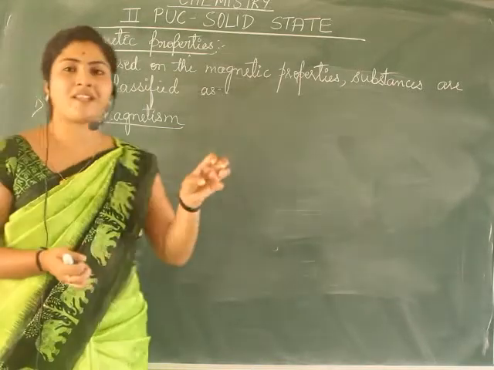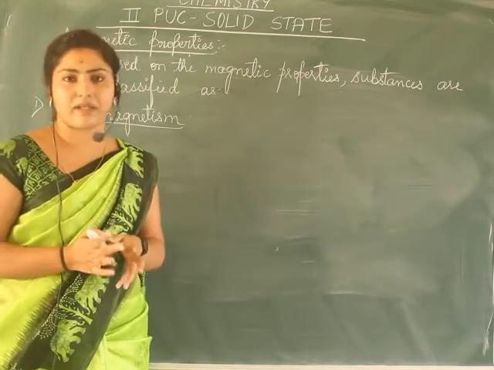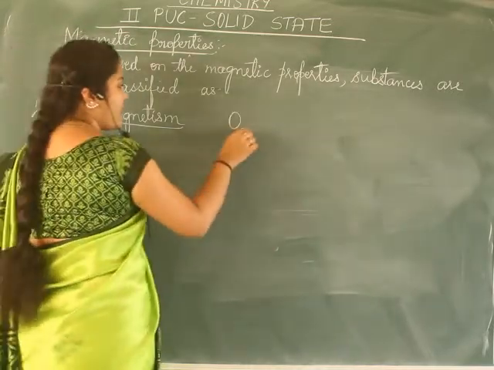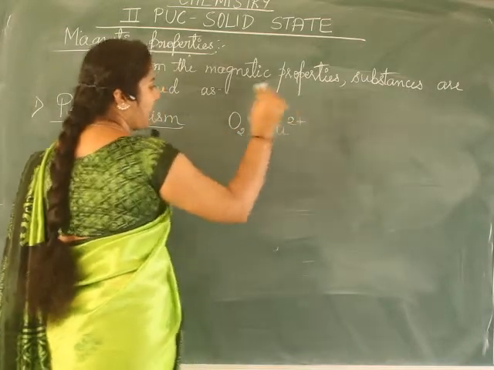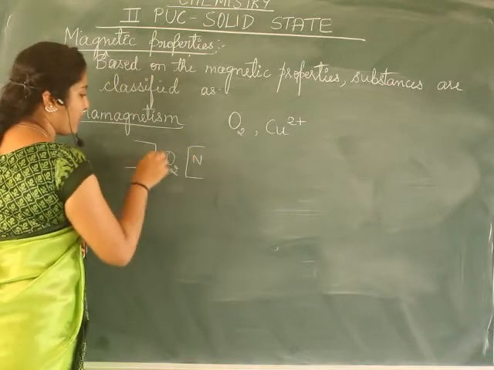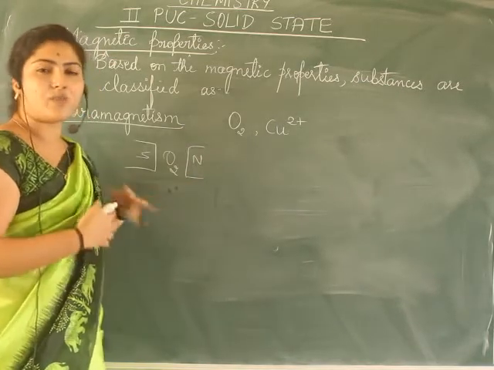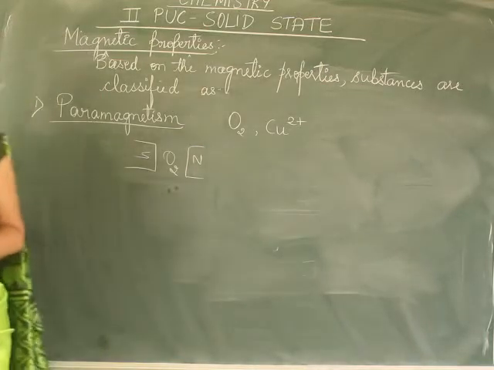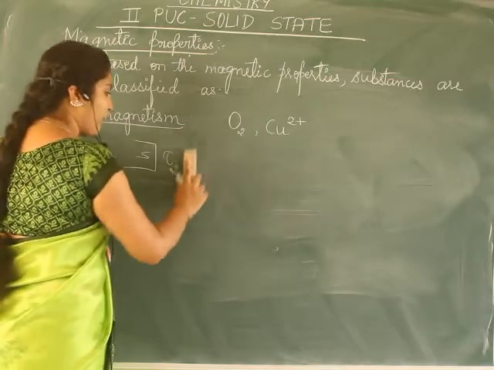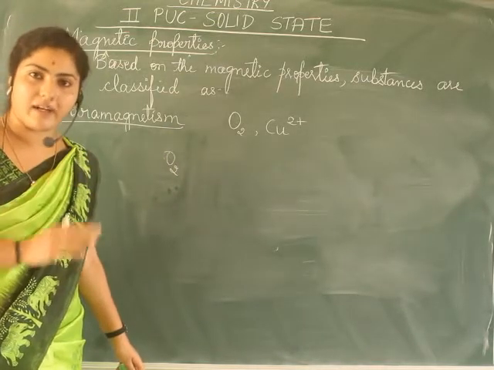If you place one in a magnetic field, it is very slightly attracted, and when you remove the magnetic field, it loses its magnetic property. Examples are oxygen and Cu2+. If you take oxygen and place it in a magnetic field, between the north and south poles of a magnet, it gets weakly attracted, not strongly.